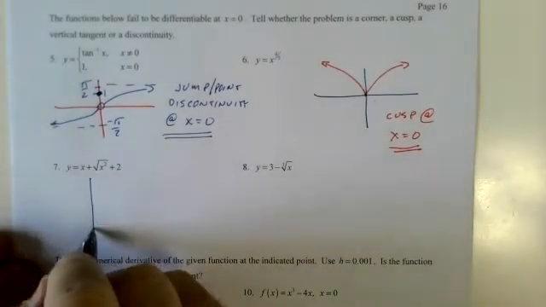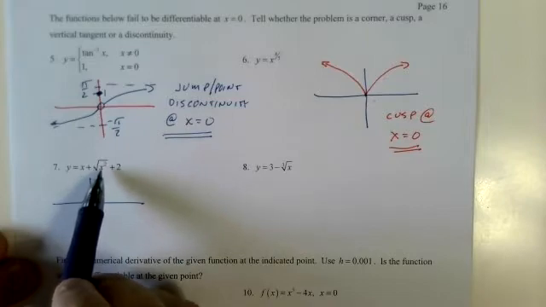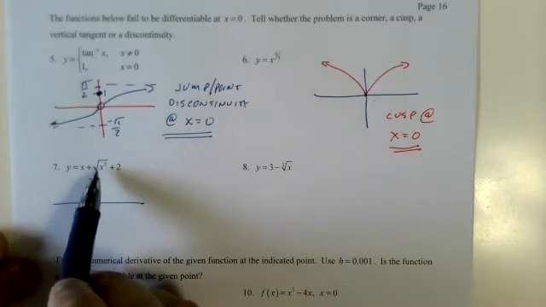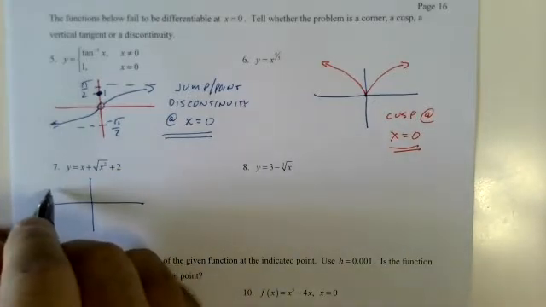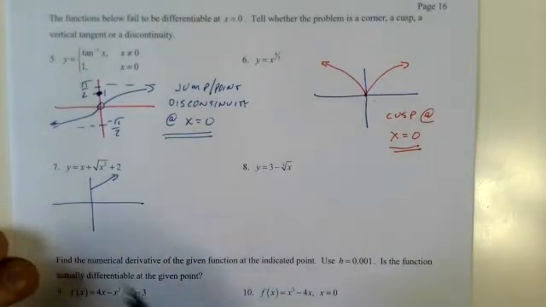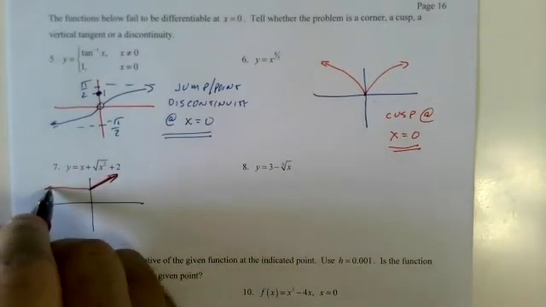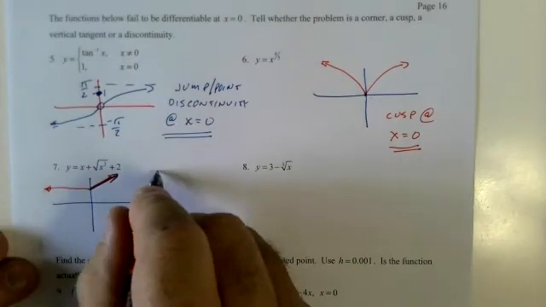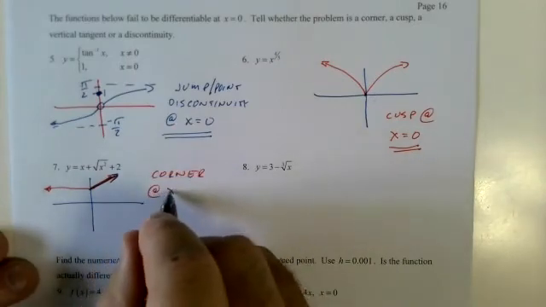So here, definitely graphing this one. This, by the way, is equivalent to absolute value. Think about it. Yeah, I mean, you're squaring it and taking the square root. It's like those cancel, huh? Negative becomes positive. So you're going to get something like this. So we'll say it's a corner at x equals 0.